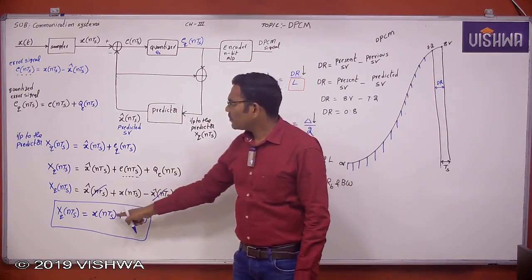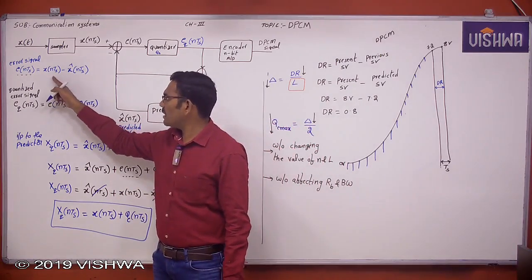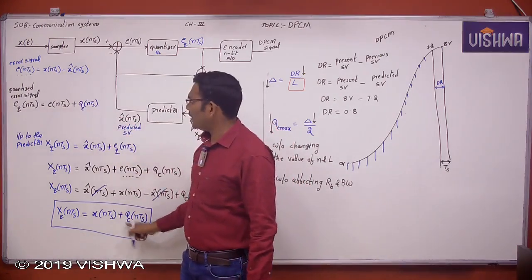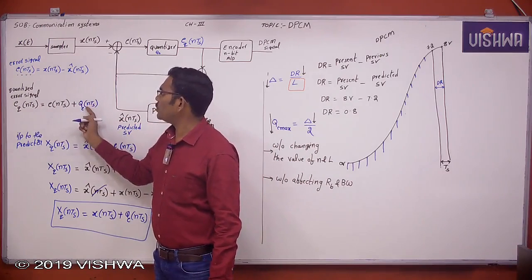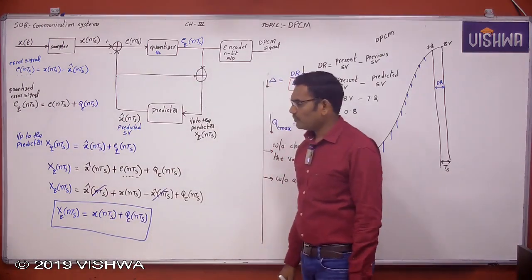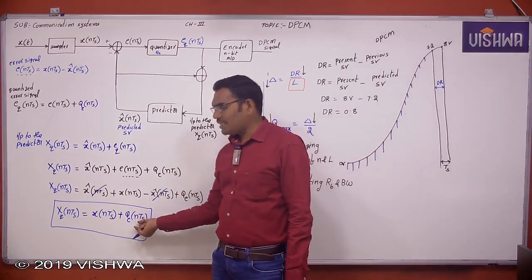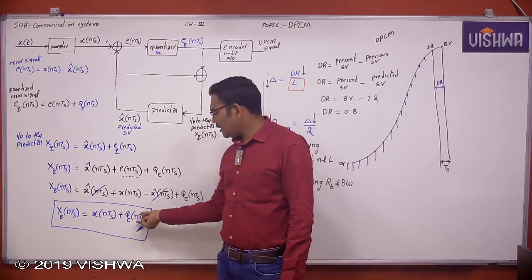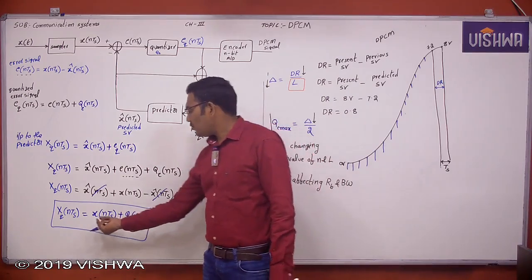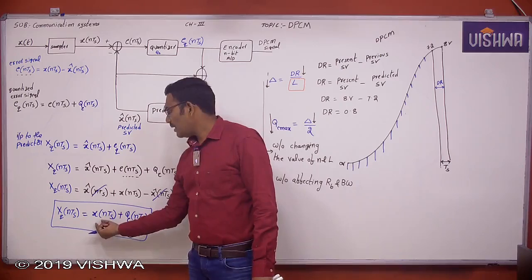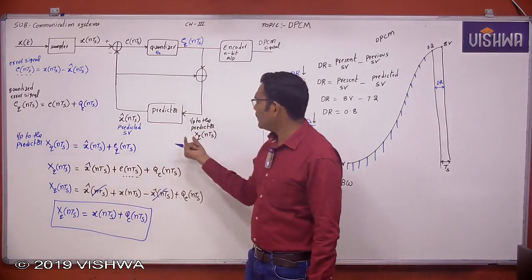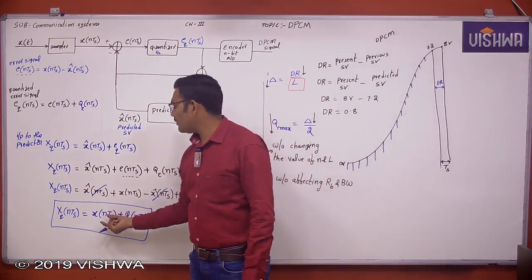Now see here, x of nTs is the original sample value plus or minus some quantization error, because this error is going for the quantization process. When this quantization error is as minimum as possible, the difference between the original sample value and the predicted sample value will be very, very small.